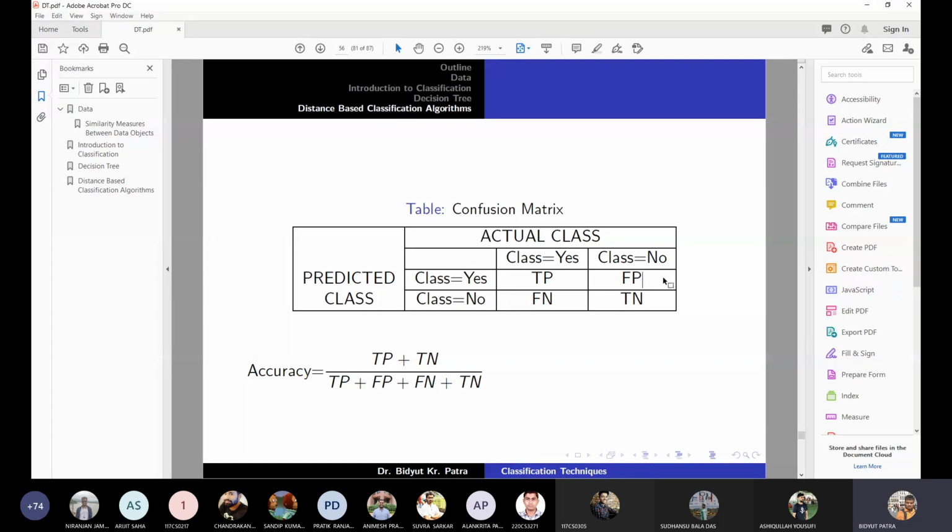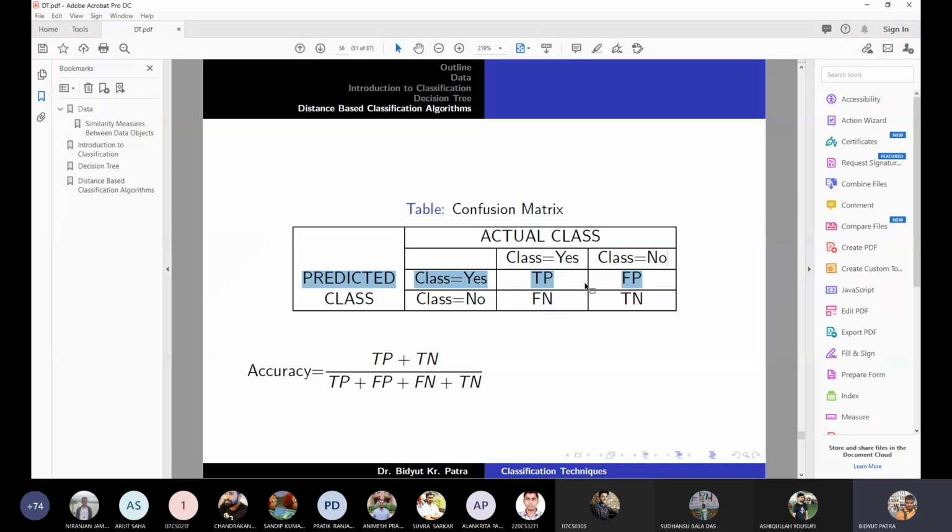TP plus false positive, FP: all of this total, TP plus FP, is treated as positive by the classification algorithm. Therefore, the total number of positive classes predicted by the classification algorithm is TP plus FP.